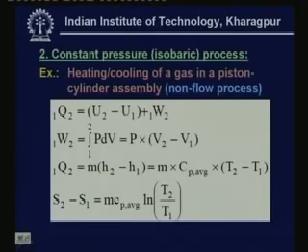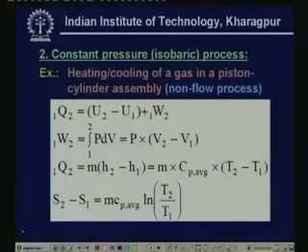That means it is acting against a constant external force. If that is the case, the pressure remains constant. That means the pressure exerted by the piston remains constant. And if you assume that the piston is frictionless, that means the movement takes place without any friction, then we can have an ideal isobaric process.